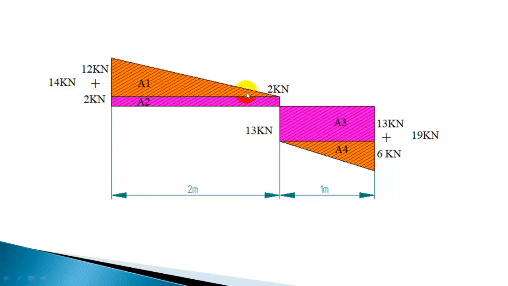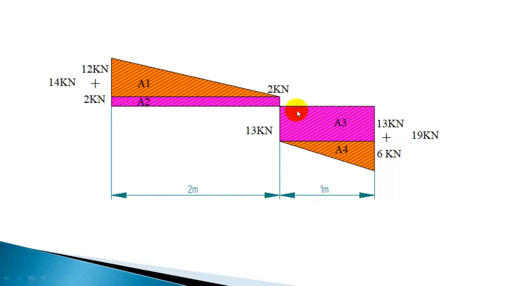And for another area, I divided this total 14 kilonewton, after drawing this horizontal line, this will be 2 kilonewton. So 14 kilonewton is divided into 2 and 12. The triangle on this side is 12 kilonewton. So you have a triangle A1 and this rectangle A2.